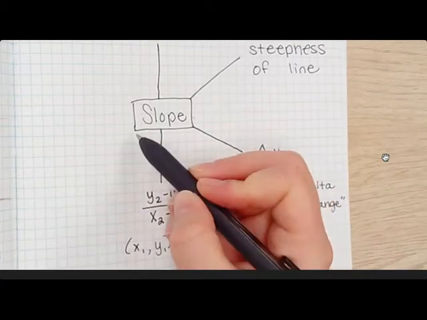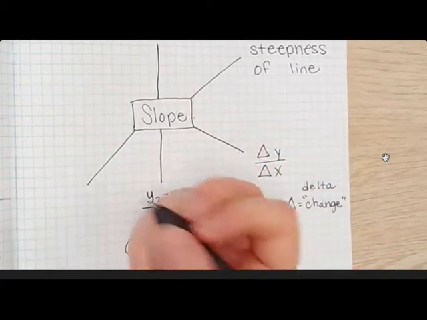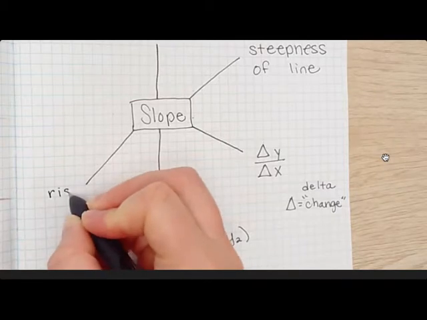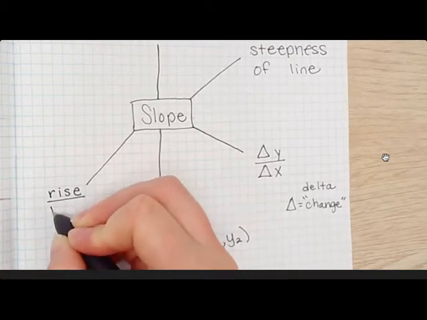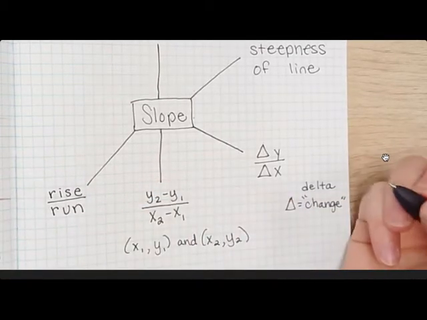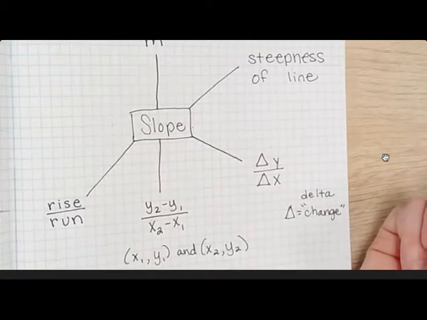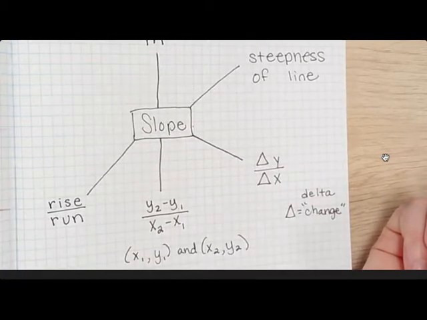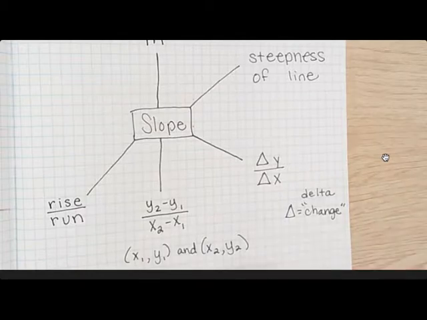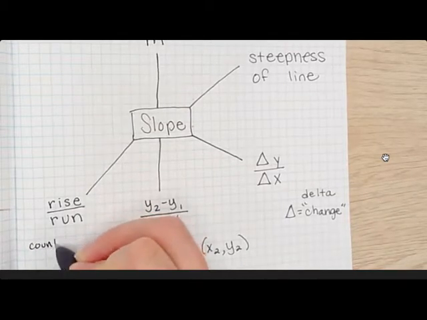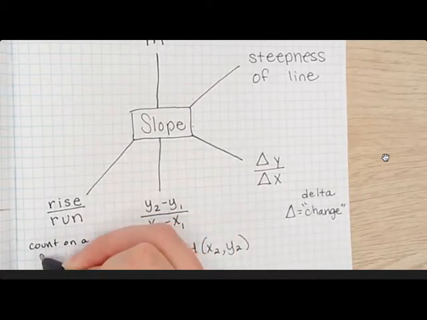Okay, from a graph, you will count rise and put it over run. Count on a graph.